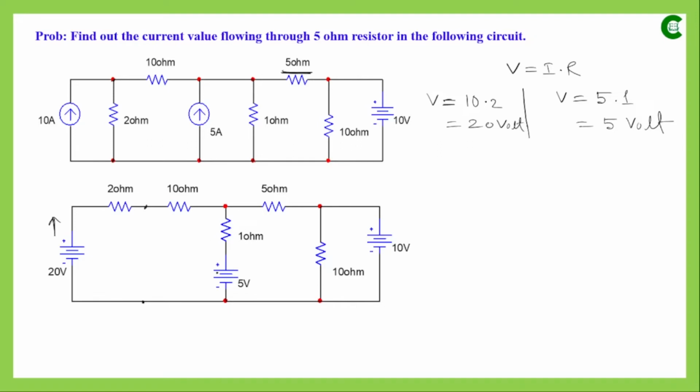So we will have this voltage source instead of this current source. The voltage value we have already found out, which is 5 volt, and the same resistance will be connected here, and they will form a series connection between these same 2 points. Now after that we have this 5 ohm resistance, so here it is.